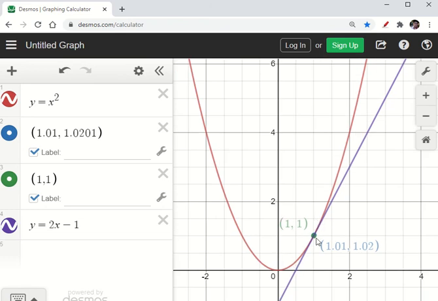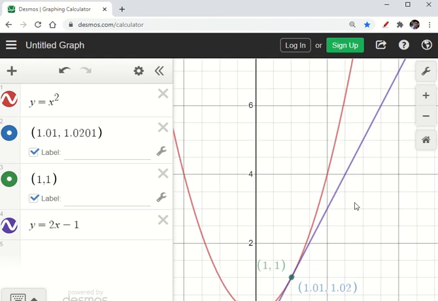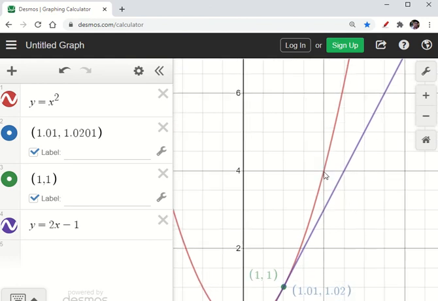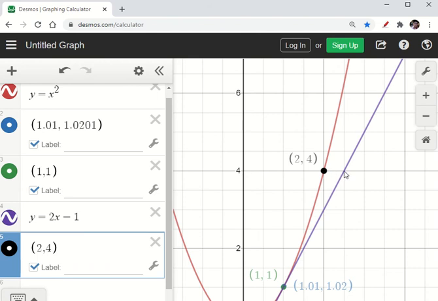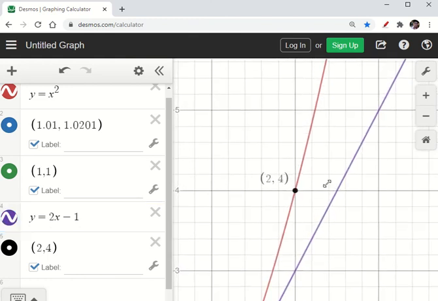Now you can see I keep mentioning that this is the slope for this point only. It is because if we are looking for another point, let's say this point, when the x is 2, the y is 4. Let's say we zoom in to find the slope again.